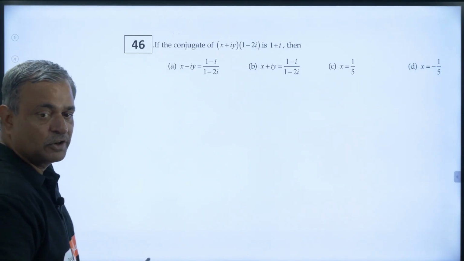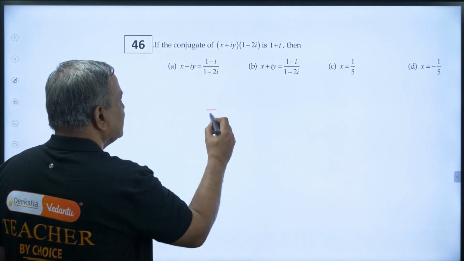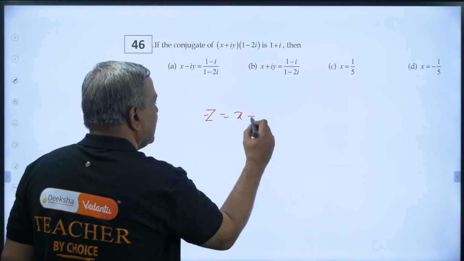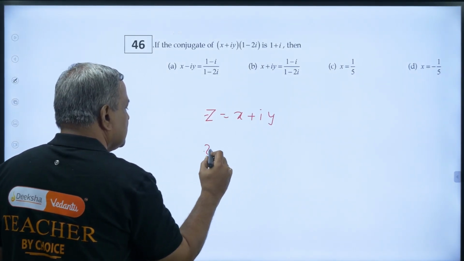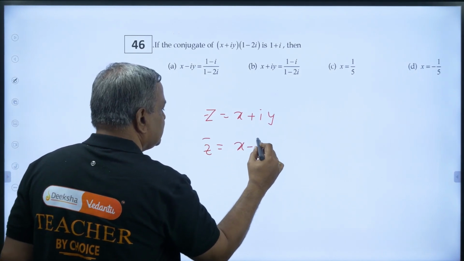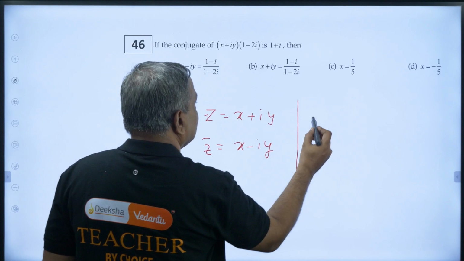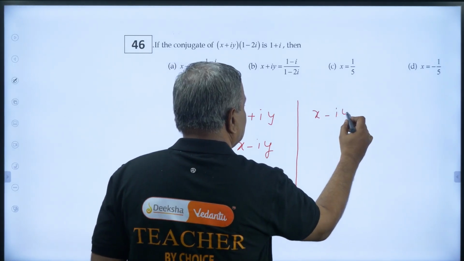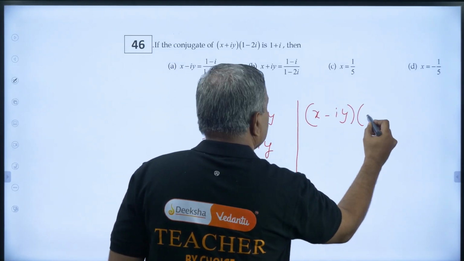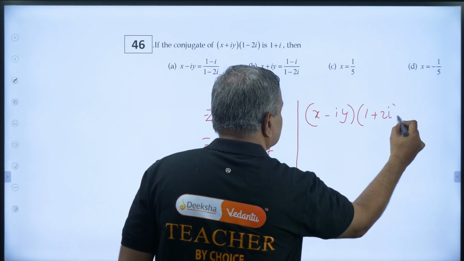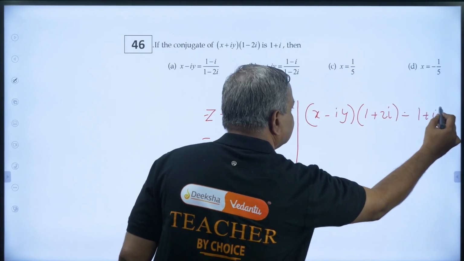Conjugate of a complex number is the next question. So z is a complex number, x plus iy. Z bar is the conjugate, x minus iy. That's the conjugate of a complex number. We take the conjugate, x minus iy, into 1 plus 2i is given as 1 plus i.